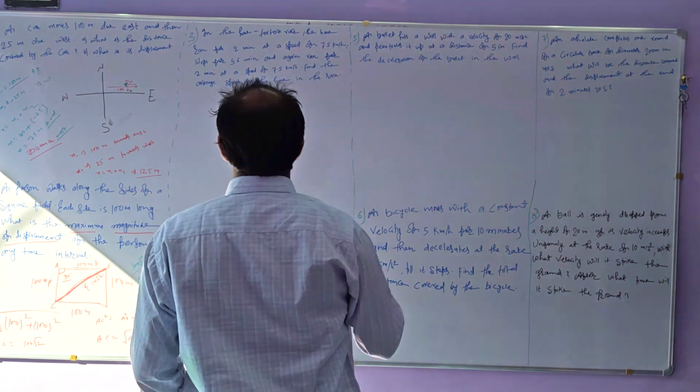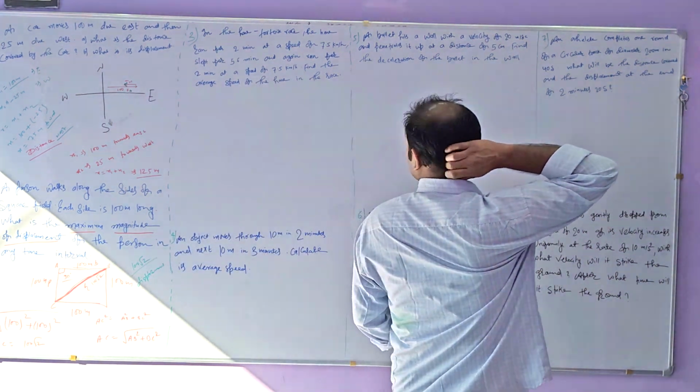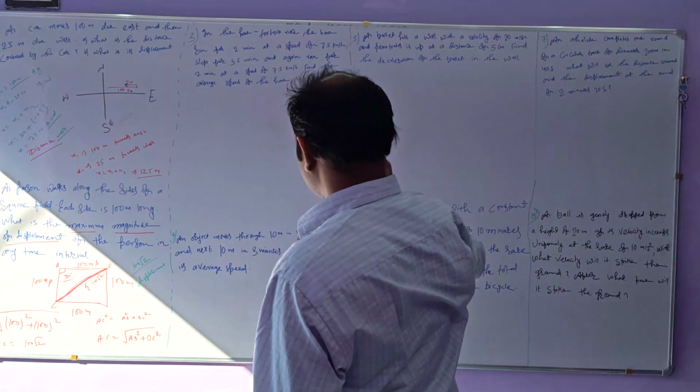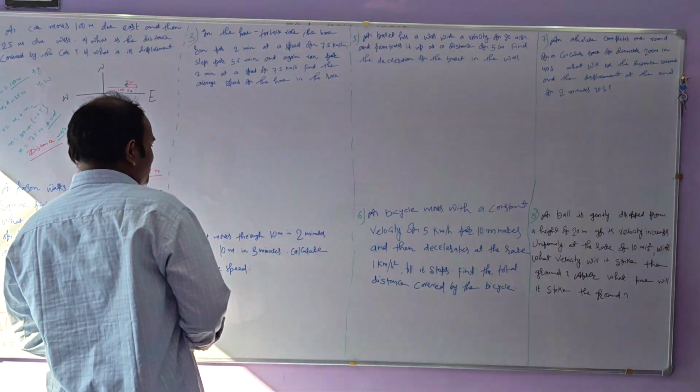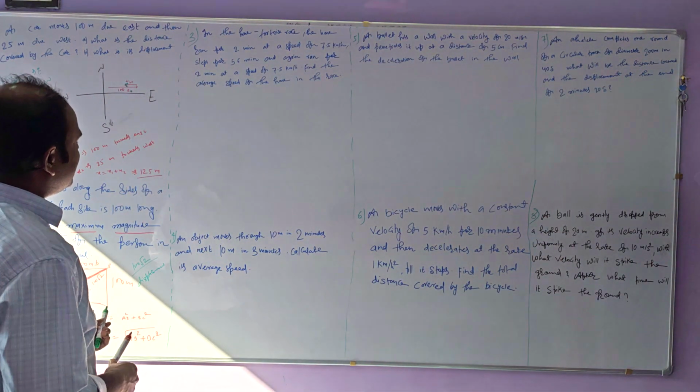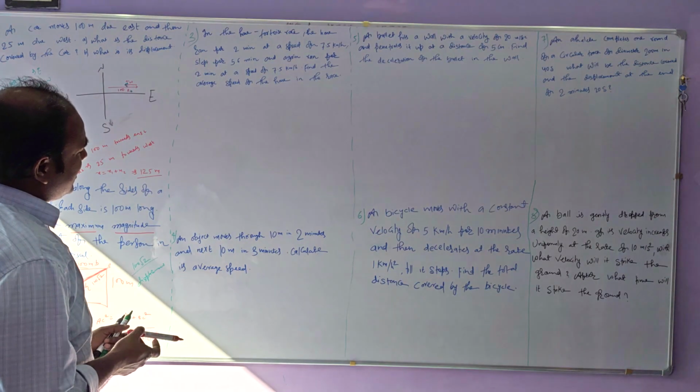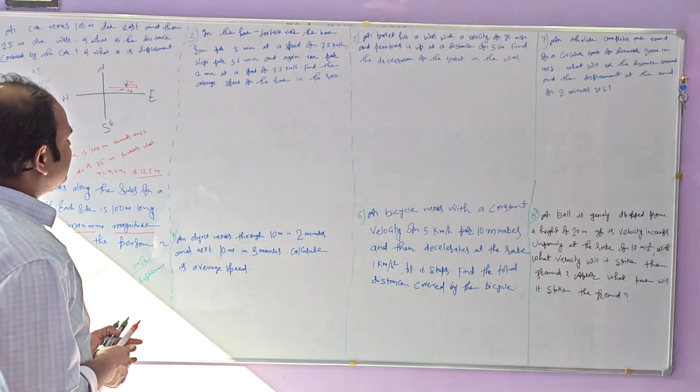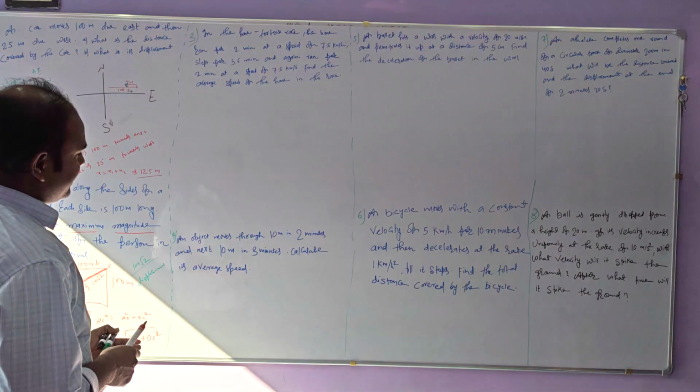In another question, an object moves through 10 meters in 2 minutes and next 10 meters in 3 minutes. Calculate its average speed.